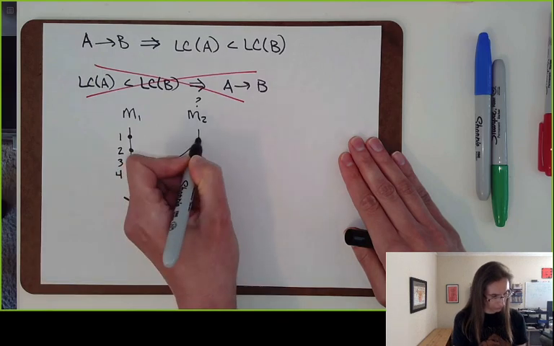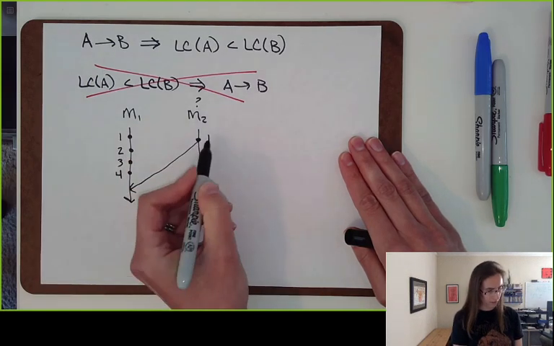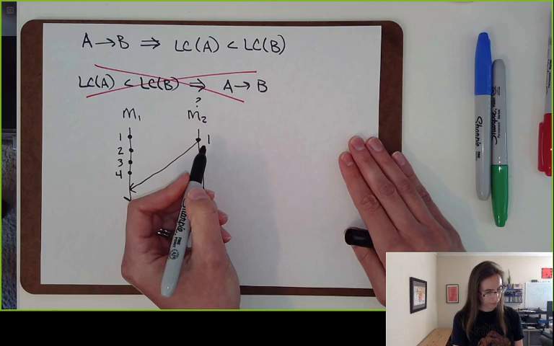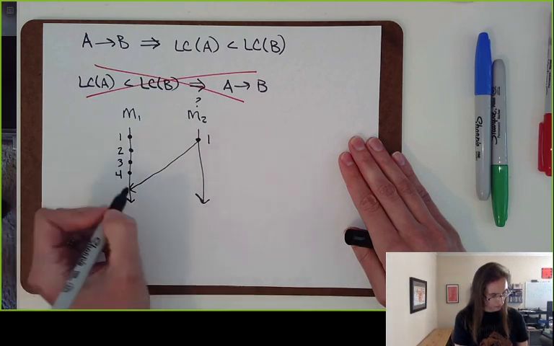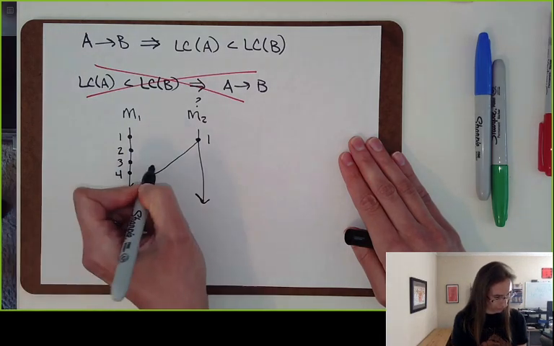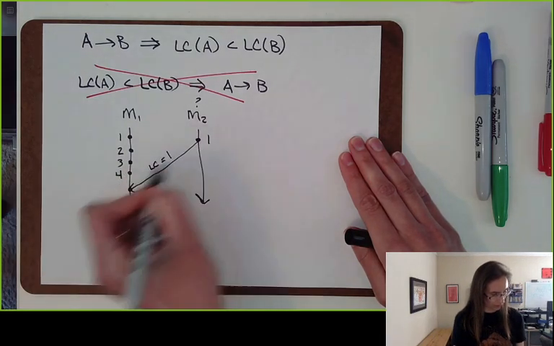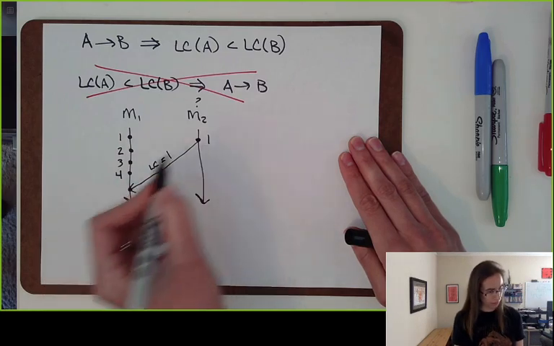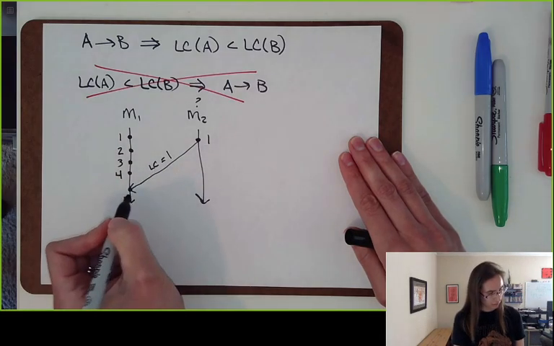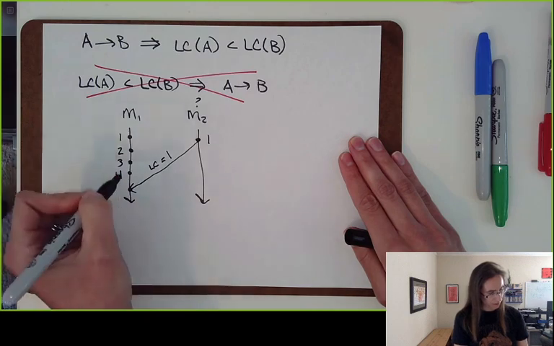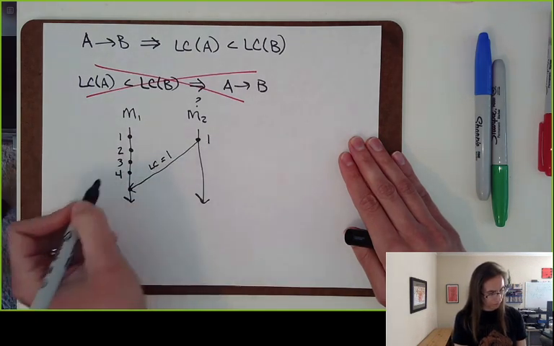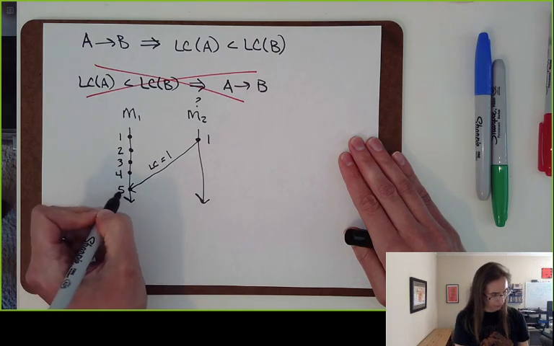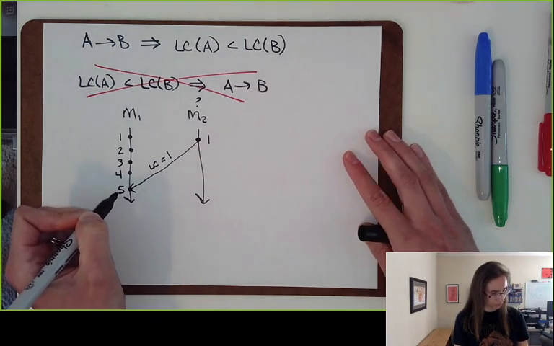Well, this event on machine 2 would also have a Lamport clock of 1, because it's the first event that happens on that process. And then, as we talked about before, the Lamport clock gets sent along with the message under the Lamport clock algorithm. The message gets over here. The Lamport clock on this process is 4, compare 4 with 1, and 4 wins, and then increment that by 1. So this gets a Lamport clock of 5.